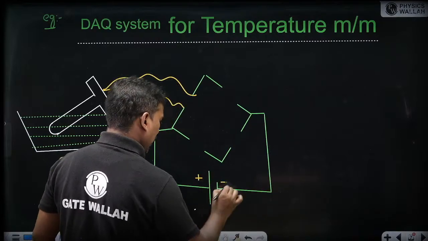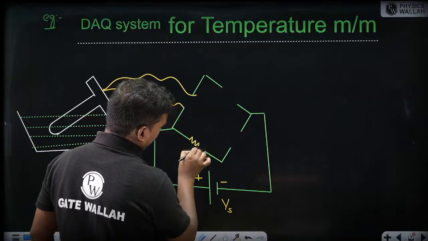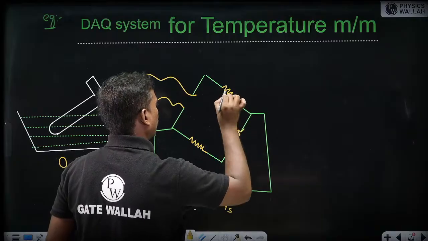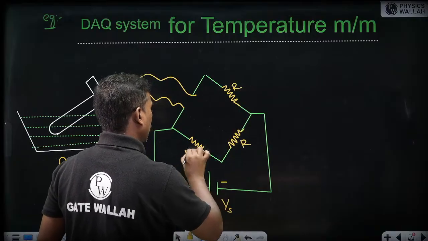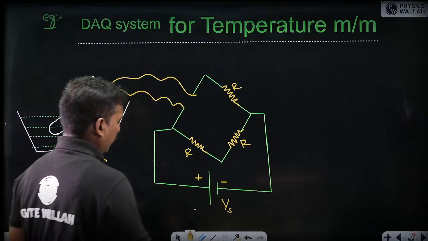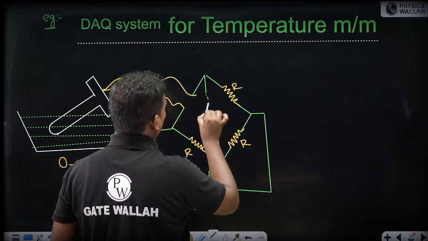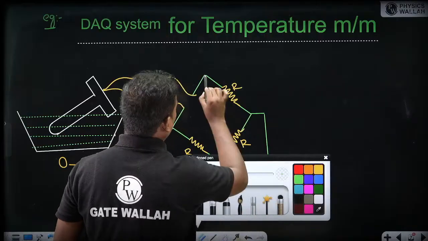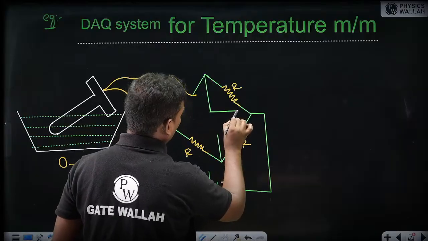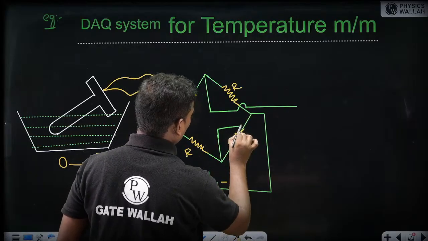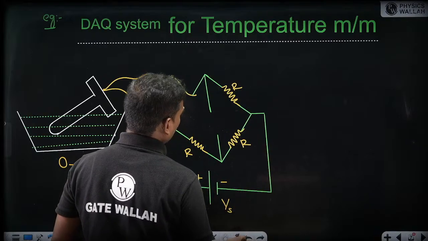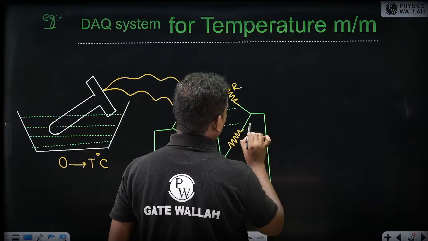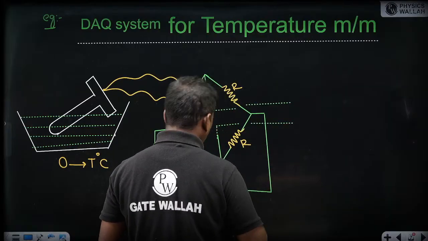So this is plus minus, this is Vs. This is R, this is R, this is R. And here comes again the same concept.